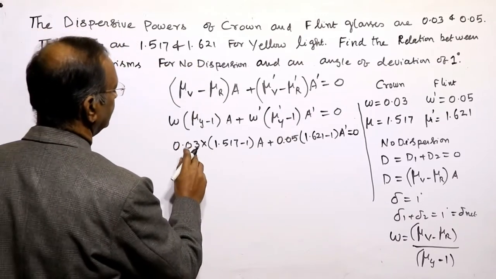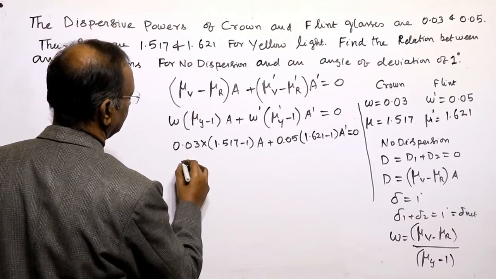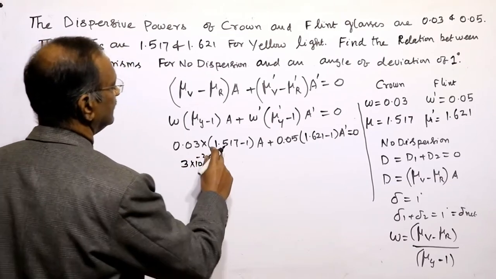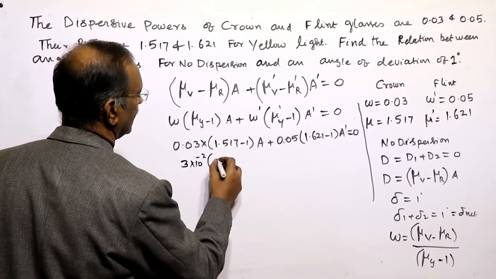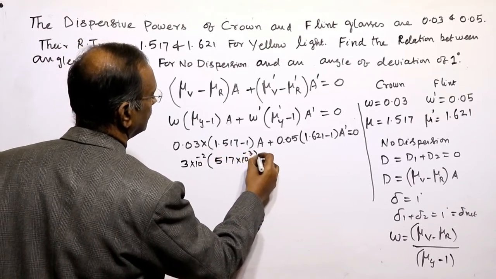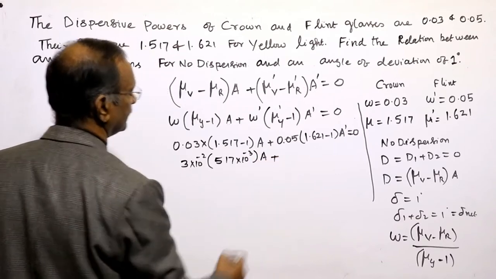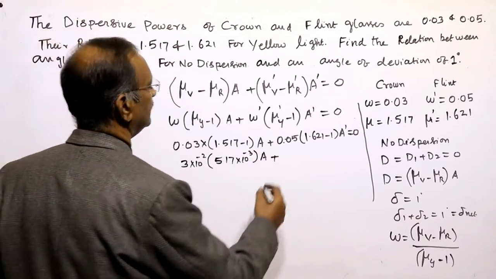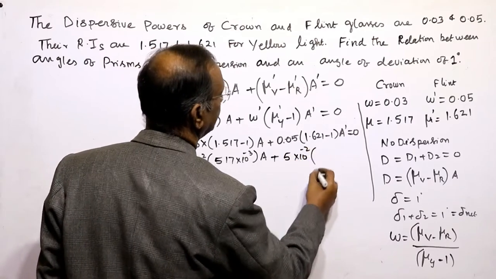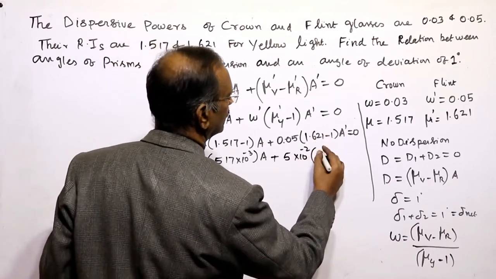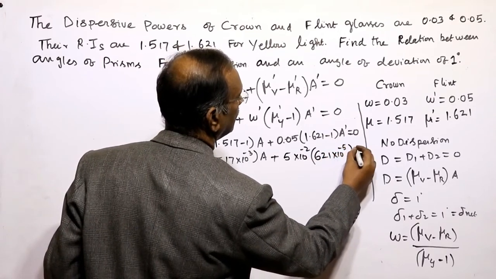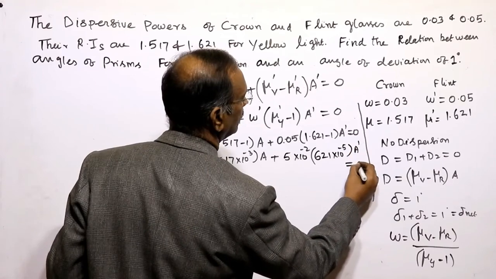Here we can take 3 into 10 to the power minus 2 into 0.517, which can be written as 517 into 10 to the power minus 3, into A, plus 5 into 10 to the power minus 2 into 0.621, that is 621 into 10 to the power minus 5 into A dash, is equal to 0.